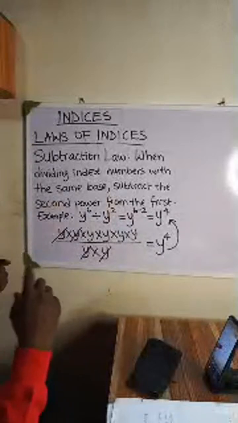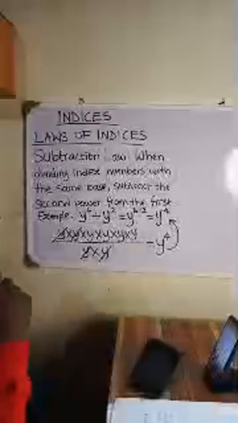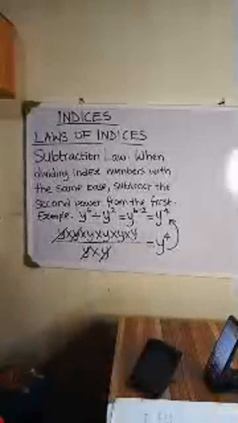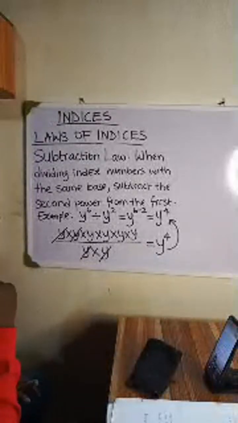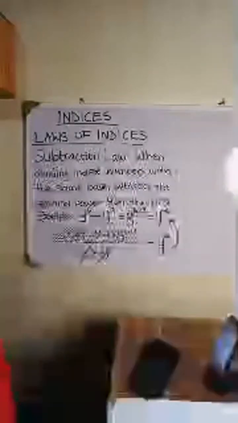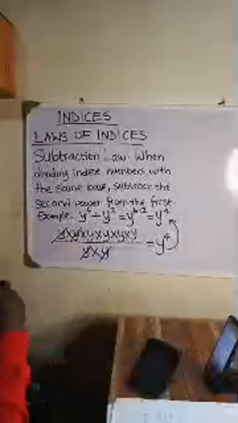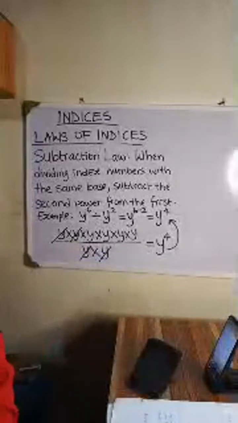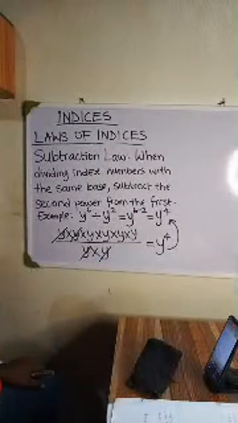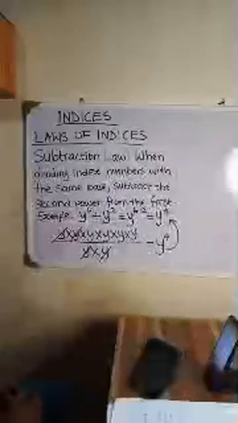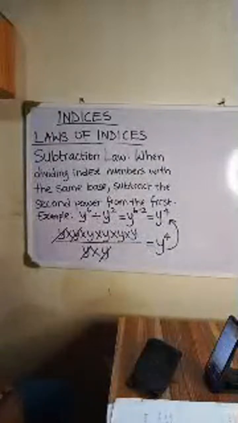For you to apply this law, the bases must be the same. If the bases are not the same, then you cannot apply the law. So let's look at some examples.